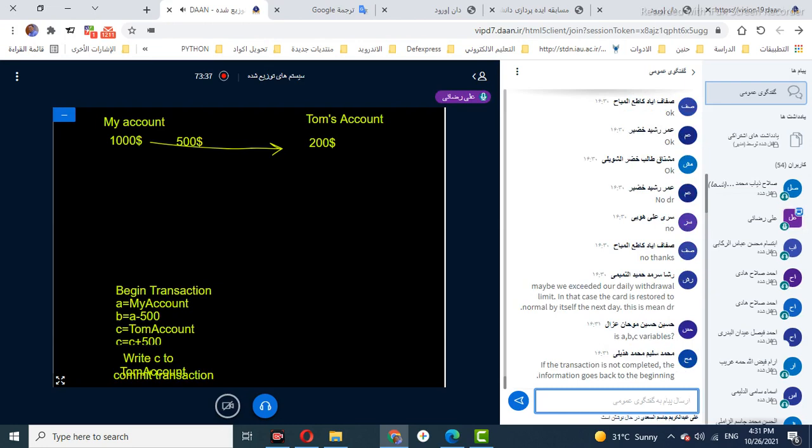Dear Hossein, yes, ABCs are temporary variables. Dear Mohammed Salim, yes, if the transaction is not committed by the system, then all the changes will be rolled back to its initial state.